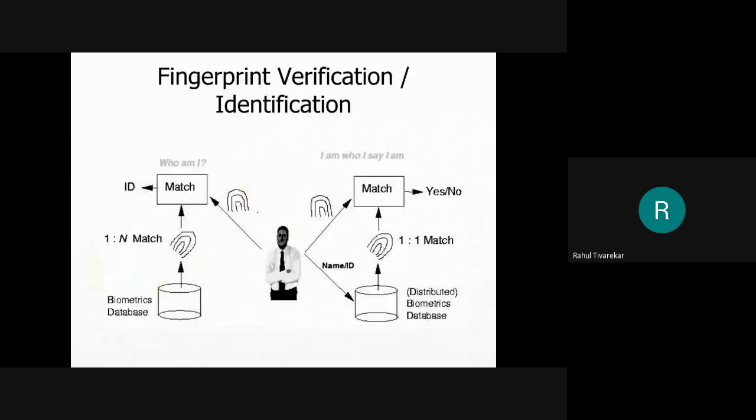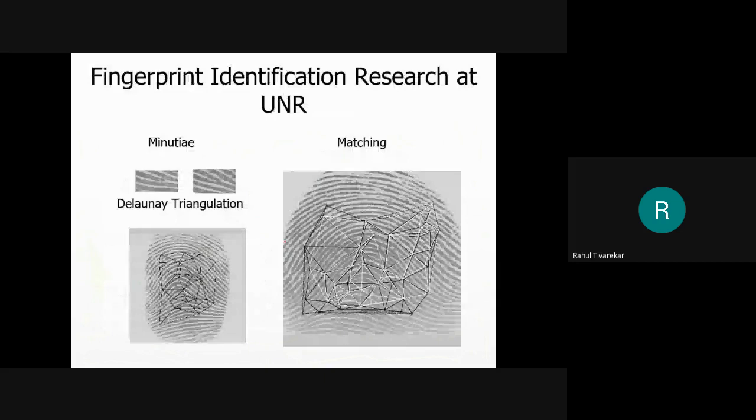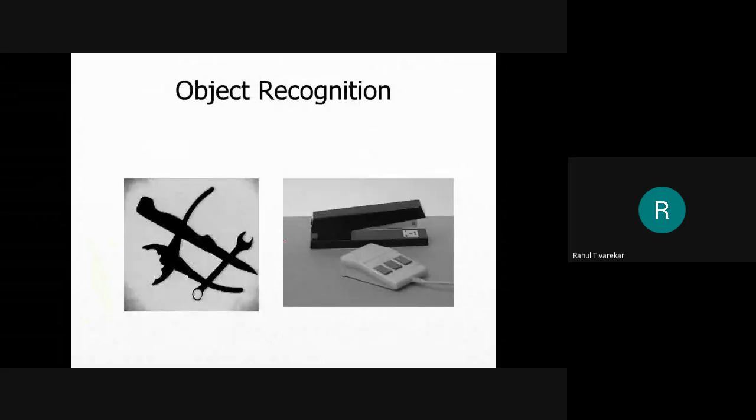This is one of the scenarios shown, where a person is identified. This is how different kinds of matching are used in fingerprint identification. It's not necessary to go into details of all of this, just to have an idea of how vast image processing is.